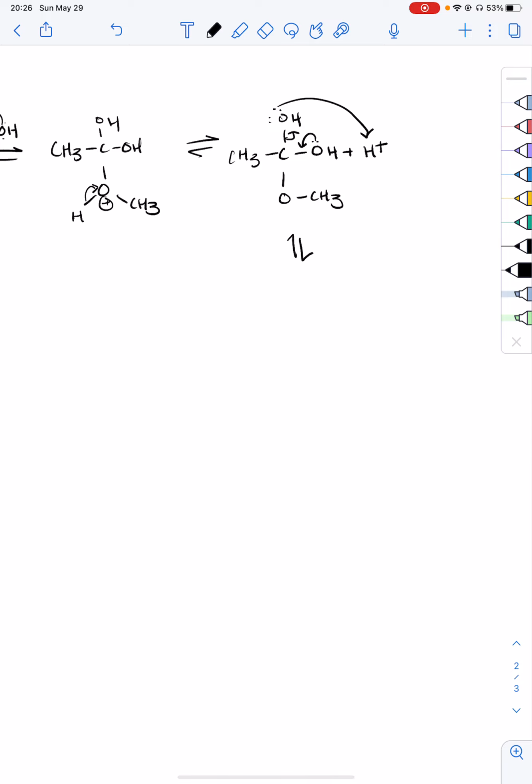And so we're going to see this. Then this hydrogen is going to get picked up by something, probably OH.